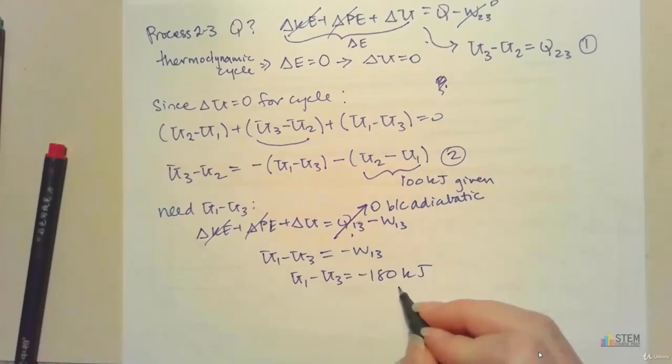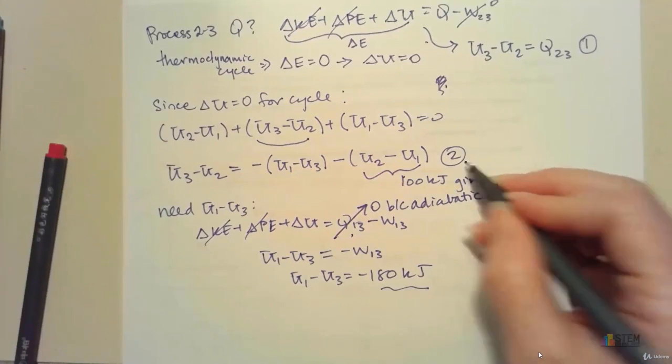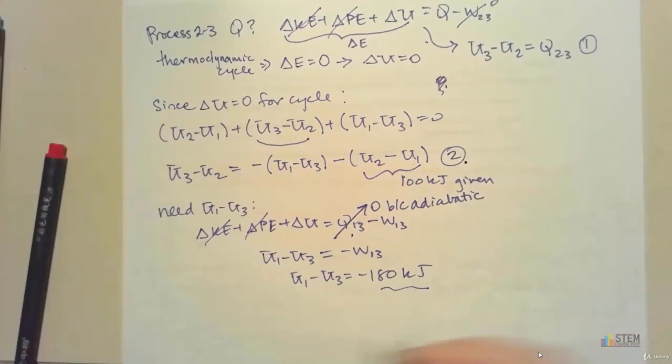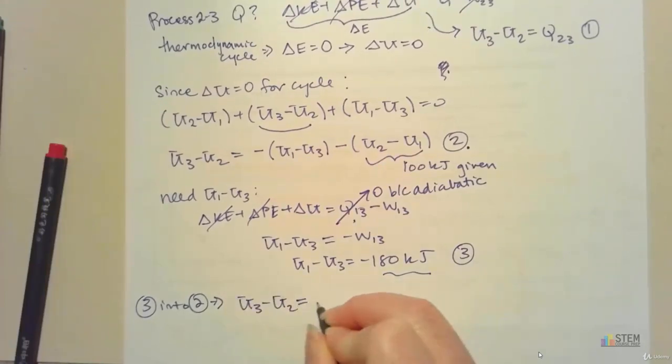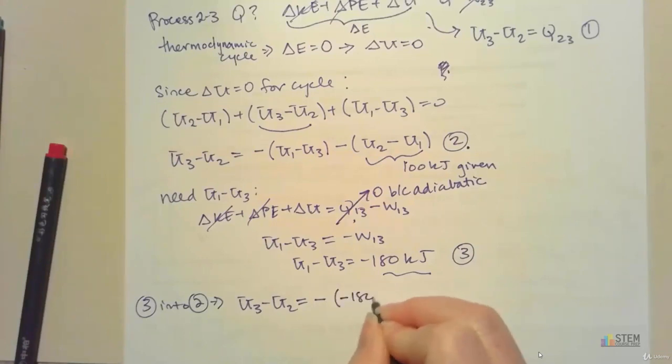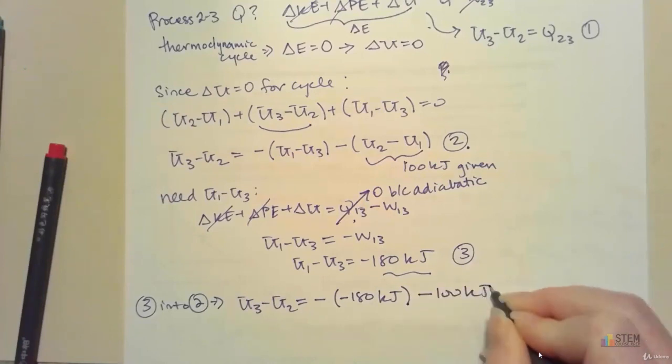Now we can take this and plug it back up into equation 2. So let's call this 3. So we'll say 3 into 2, and then that's going to give us U3 minus U2 equals negative 180 kilojoules minus 100 kilojoules.